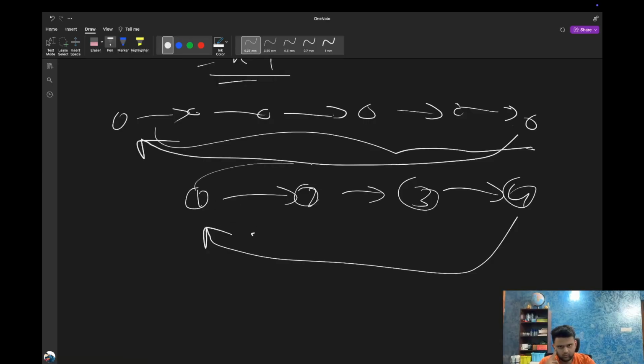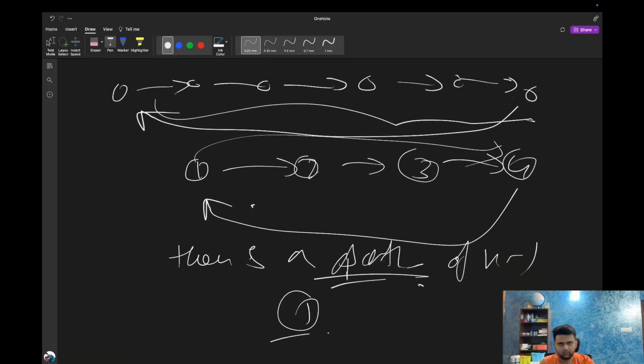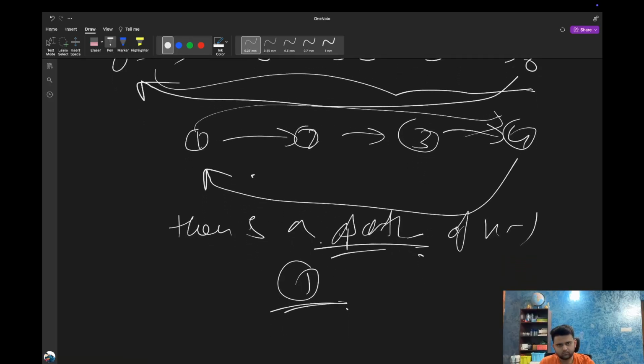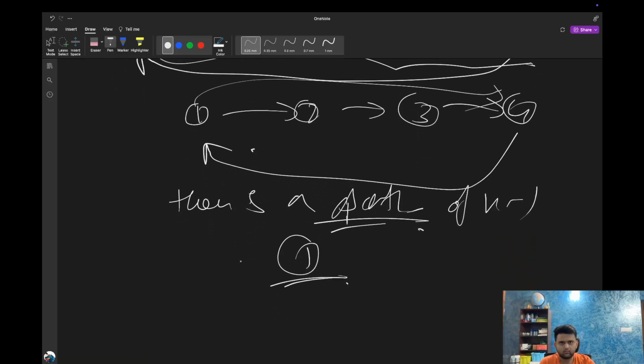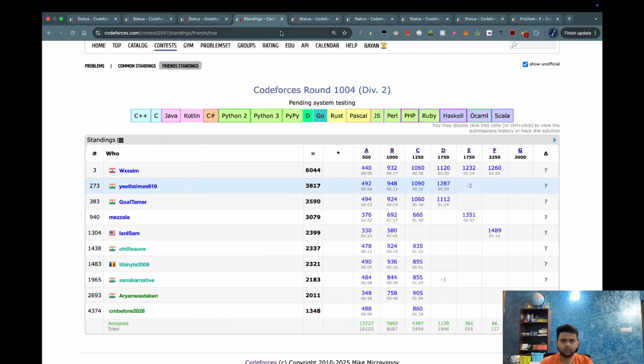Here, from 1 to 4 there is a path of length n minus 1, but from 4 to 1 there is a path of length 1. But mine would return that this is a coordinate system, so I should have just done that. Shit. Anyway.